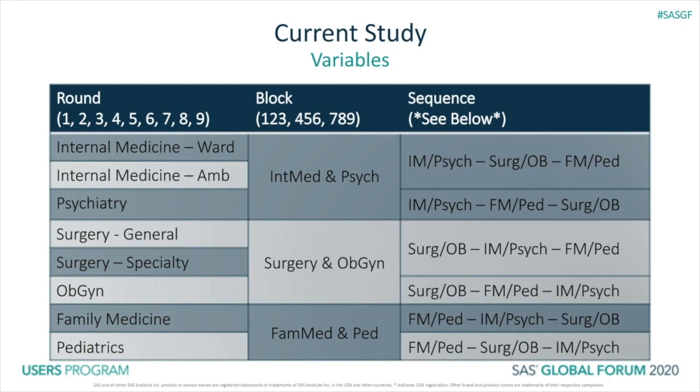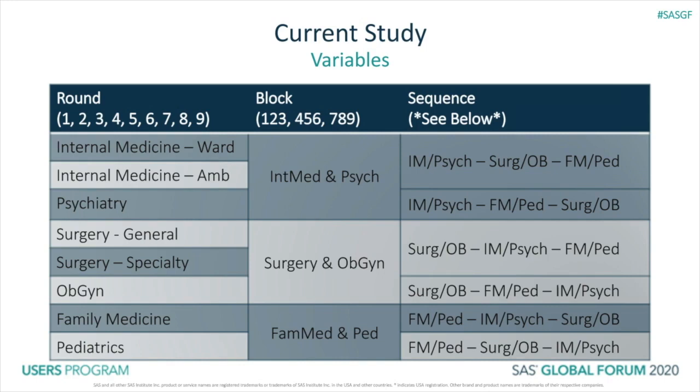We have psychiatry, 2 surgery ones, general and specialty, obstetrics and gynecology, family medicine, and pediatrics. You can see the numbers I have there, 1, 2, 3, 4 through 9. That is the order in which you would take that specialty. So maybe psychiatry for one student was their 5th clerkship round, where for another student it was their 9th clerkship round. That's what those numbers mean.